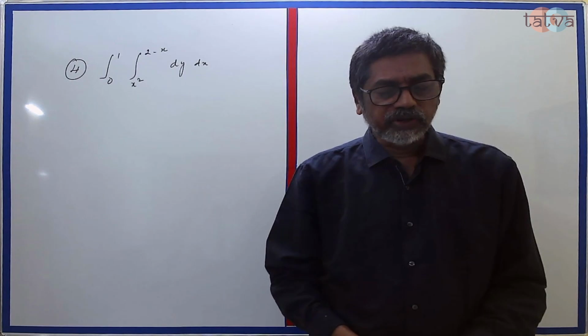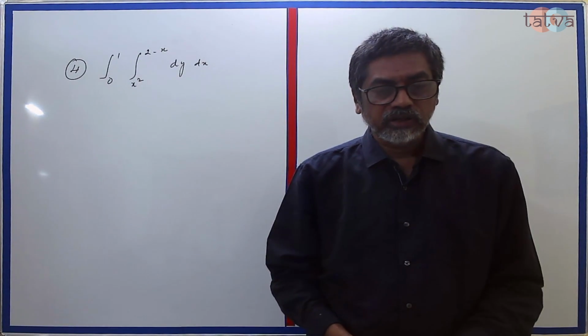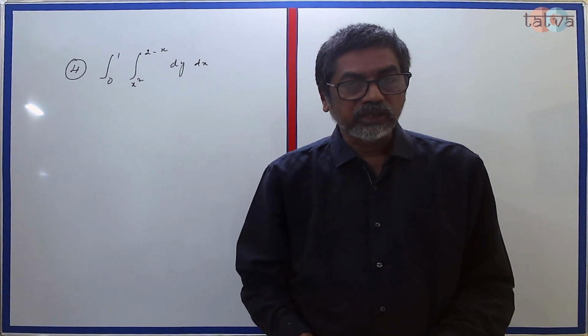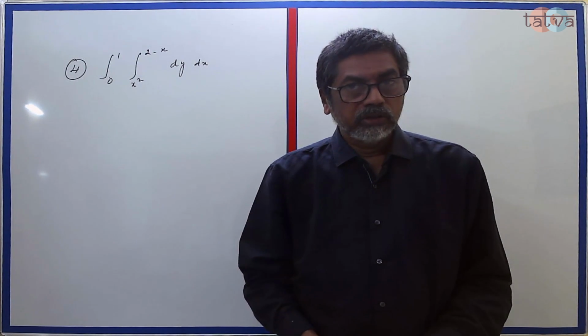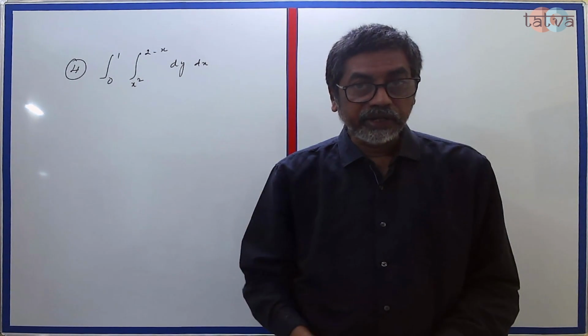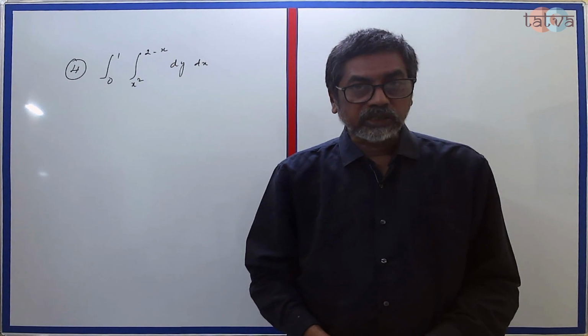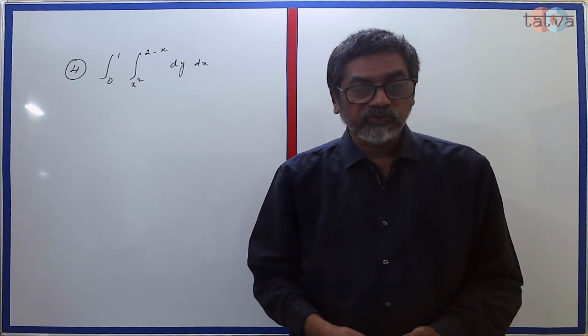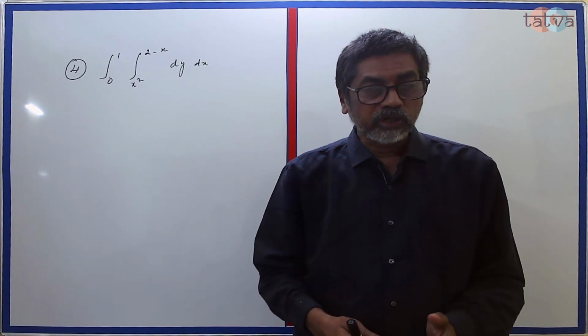Integration is really not very difficult because it's after all a dy dx integration with a function assumed to be 1. So I'm not worried about the integration process, but in case we have to change the order of integration for such a problem, what are the complexities that lie?